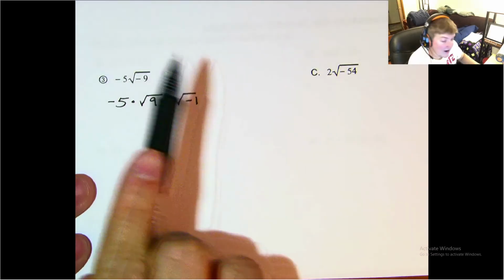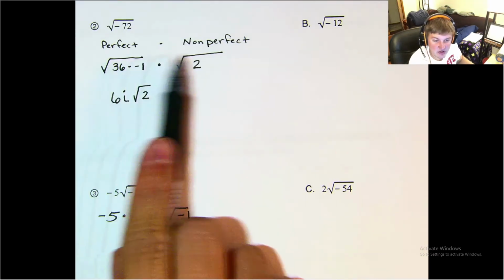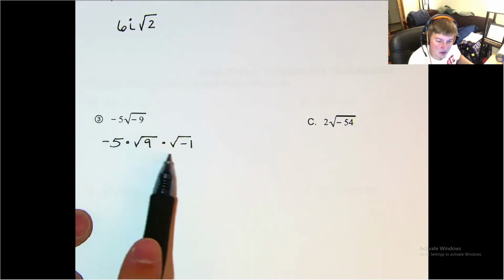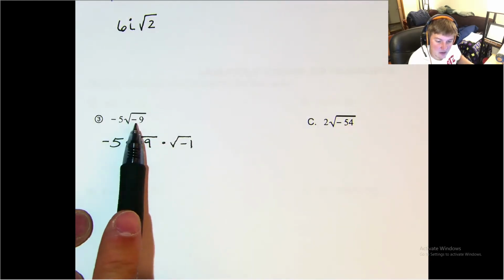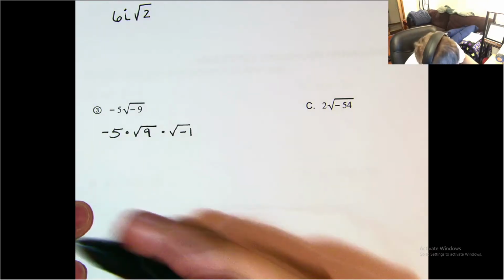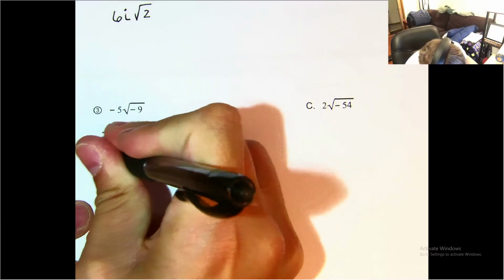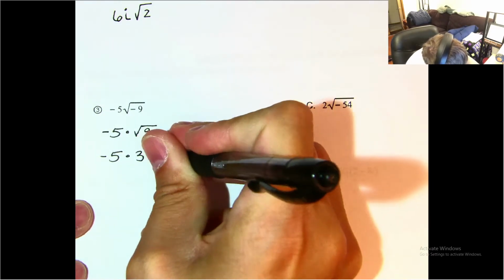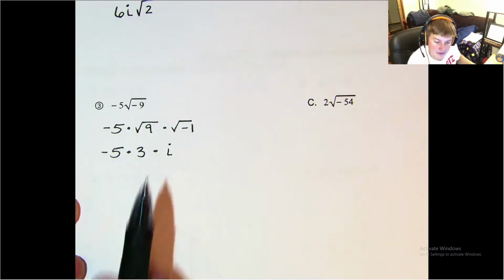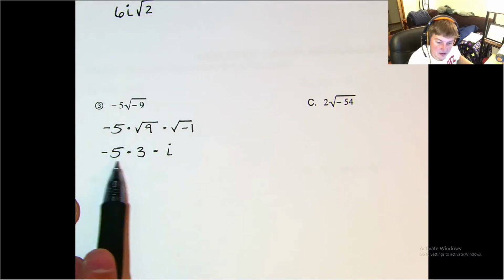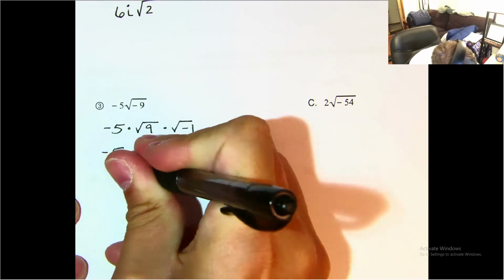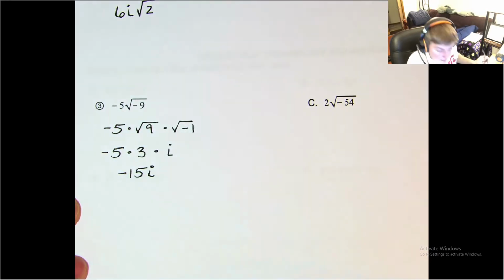I don't have to split this one into perfect squares and non-perfect squares because 9 is itself a perfect square. So this is going to be negative 5 times 3 times i. Then I could just multiply this all together. Negative 5 times 3 is negative 15, times i, which is negative 15i.